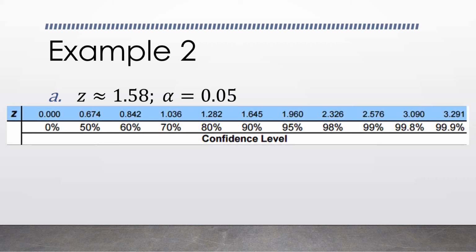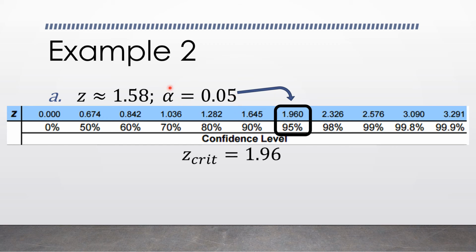Given alpha 0.05, it tells us that our level of confidence is 95%, and the critical value of z will be 1.96.